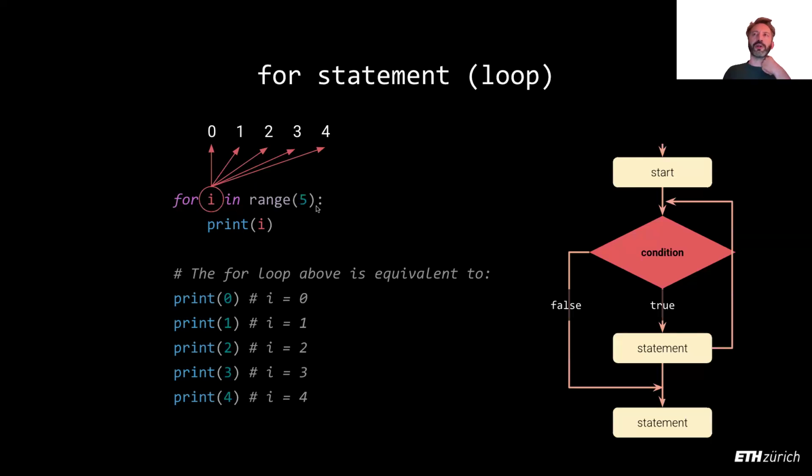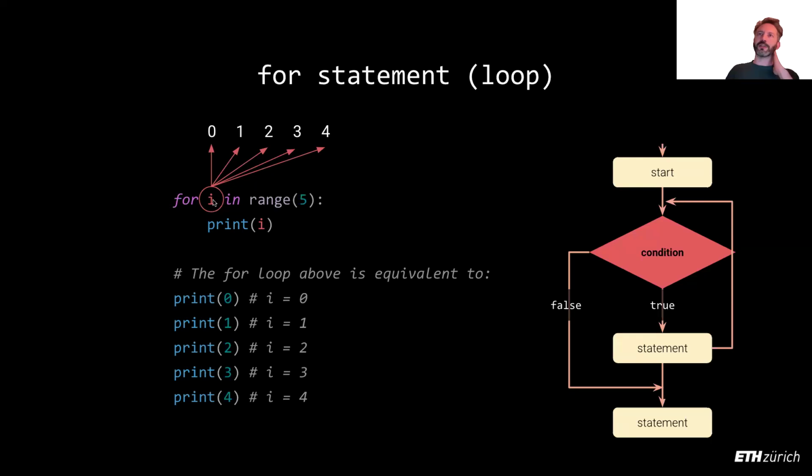Other than that, if you're iterating over actual objects, it's much better to have a full variable name, like for item in list of items, for example. This would be the only case in which a single letter variable is okay.